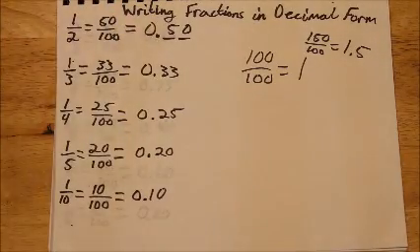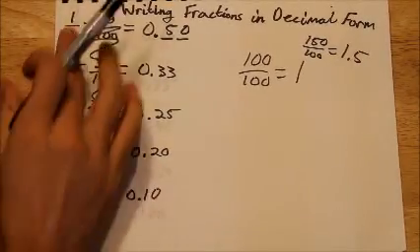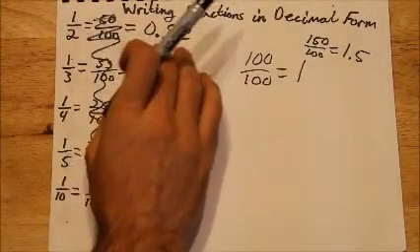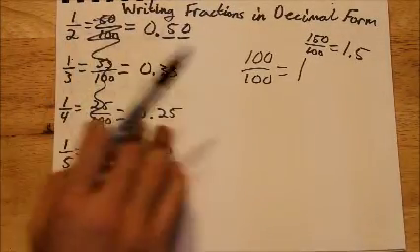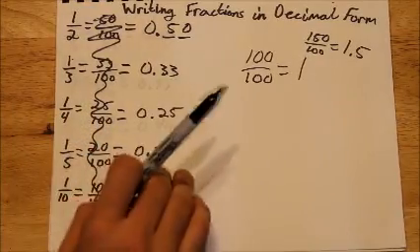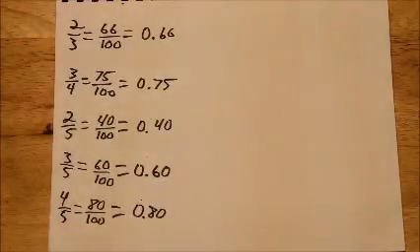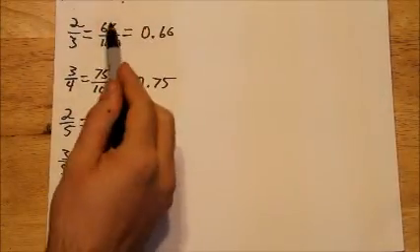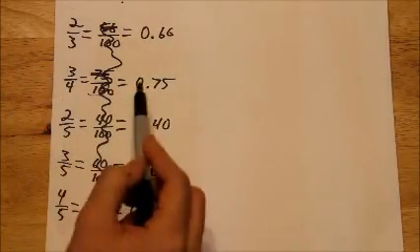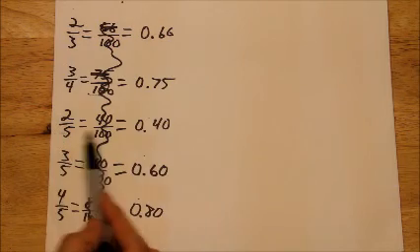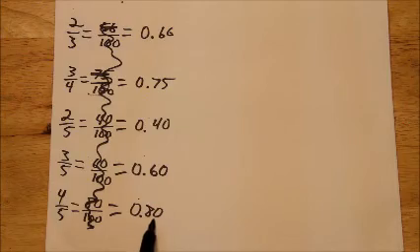In this third part, we're going to go ahead and remove this section and ask you. 1/2 in decimal form is 0 and 50 hundredths. 1/3 is 33 hundredths. 1/4 is 25 hundredths. 1/5 is 20 hundredths. 1/10 is 10 hundredths. 2/3 is 66 hundredths. 3/4 is 75 hundredths. 2/5 is 40 hundredths. 3/5 is 60 hundredths. 4/5 is 80 hundredths.